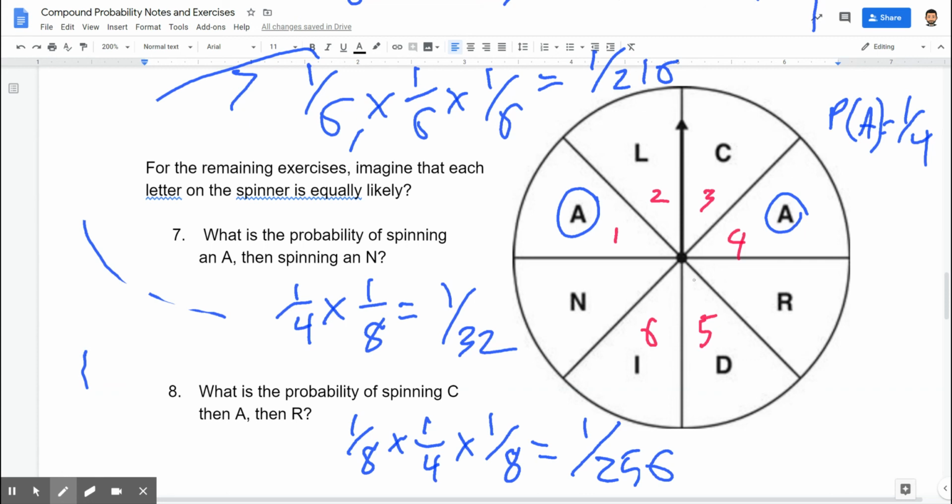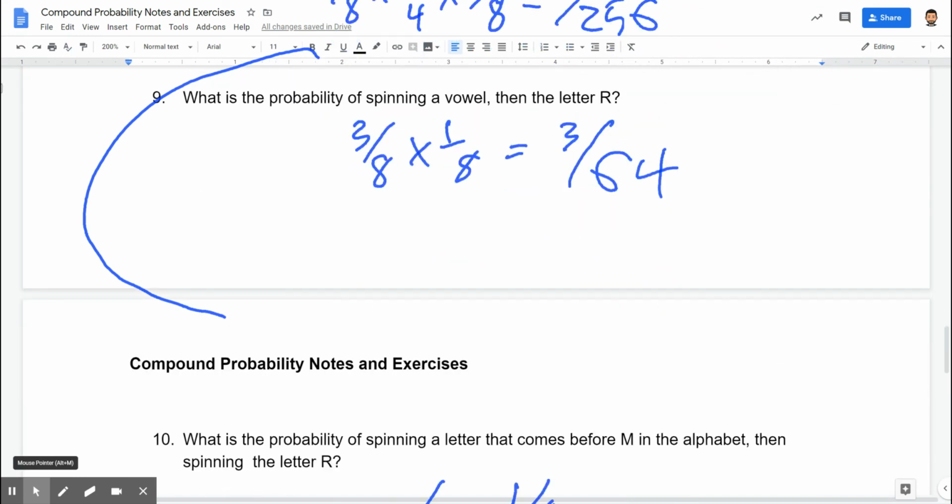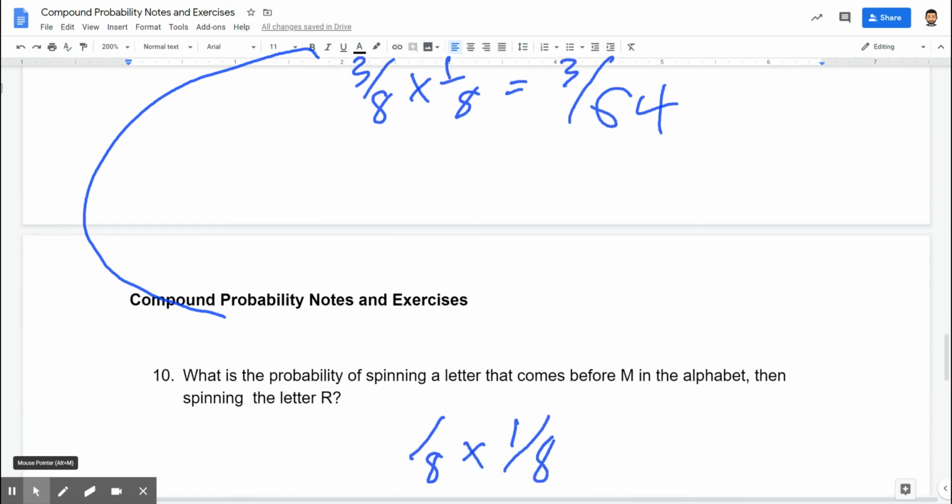So 6 out of 8. Let me go back down here. And 6 out of 8, or I could also write that as 3/4. Still red, but that doesn't matter. I don't want to take the time to go back and fix that. Okay, so 6 out of 8, I could reduce and multiply, or multiply and reduce. That part doesn't matter. Let me just multiply.